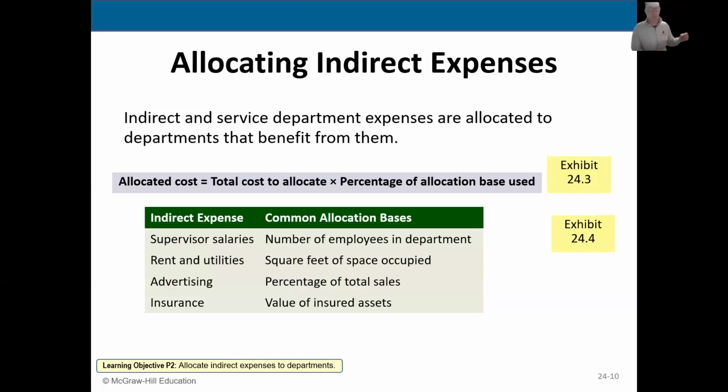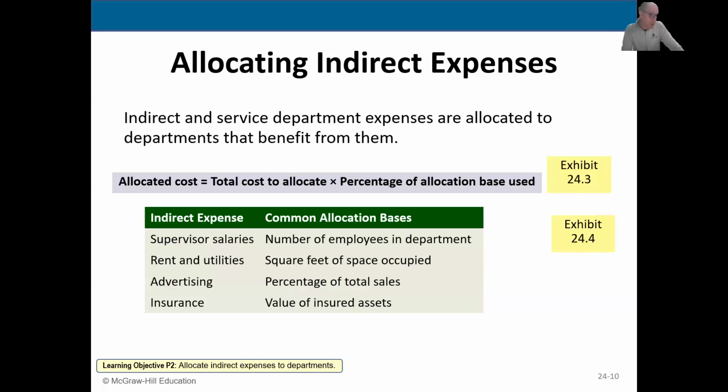You take the total square foot of the store and you figure out the square foot of each department. Okay, you measure it out. Once you have the square foot for each department, we take the total cost and divide by the total square footage of the store multiplied by the square foot of the department. Okay, well, that's one way to do it.